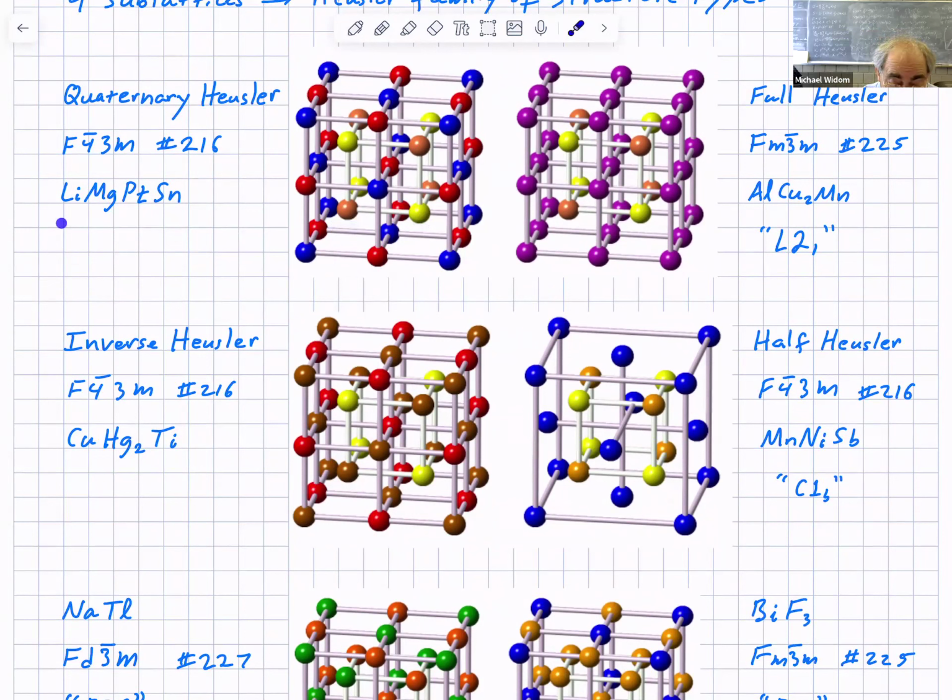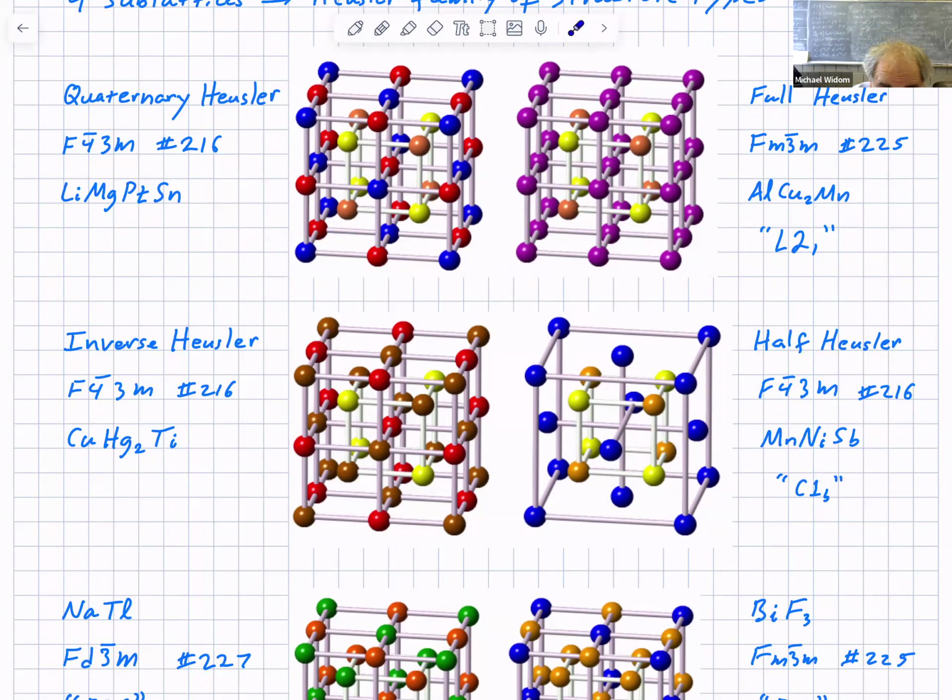That structure actually does occur in a variety of lithium-based quaternaries. Then if we had, for example, chemical disorder on 2 of the sublattices, so if we had random mixing of the red and blue, then we could replace all the red and blue atoms with purple. And then we would have what's known as the full Heusler structure, which is aluminum, copper, 2 manganese.